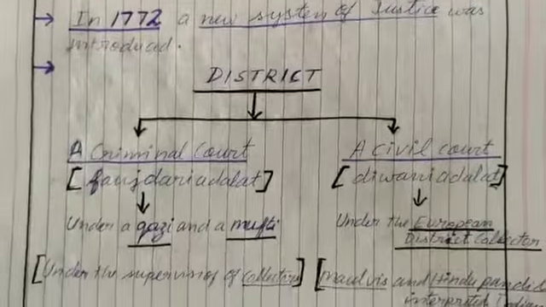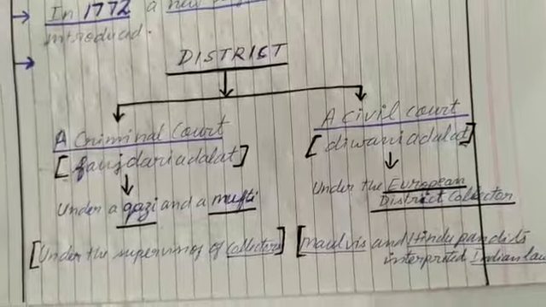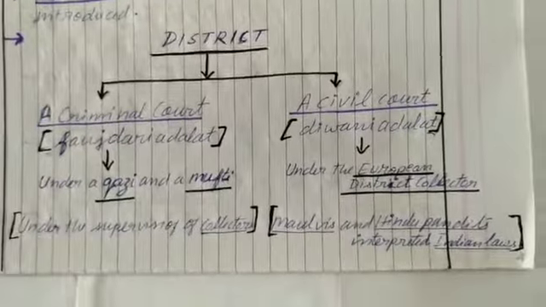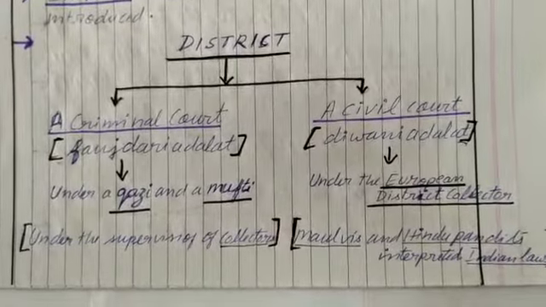The major problem was that the Brahman Pandits gave different interpretations of the local laws based on different schools of Dharam Shastra.